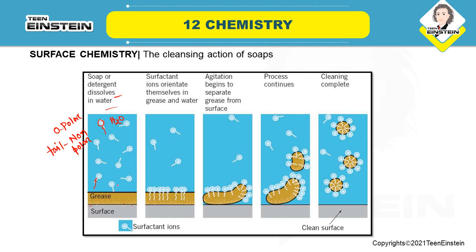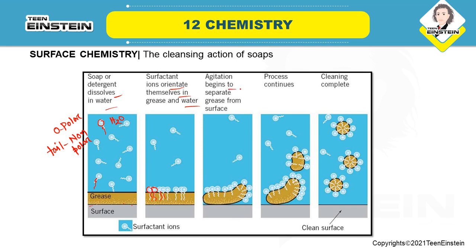That is the reason when these surfactants adsorb on the surface of grease, these spherical parts are present towards the water side. So surfactant ions orient themselves in grease and water in this fashion, not the opposite direction. That is, not the tail part towards water, because the tail part is non-polar, it cannot interact with water.